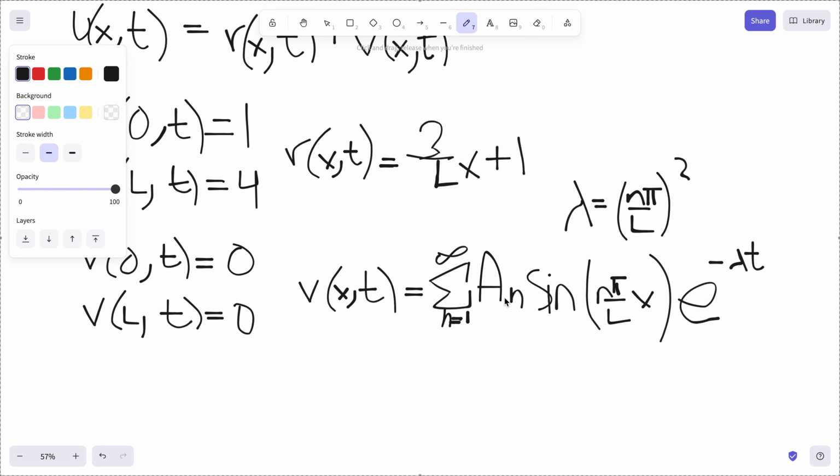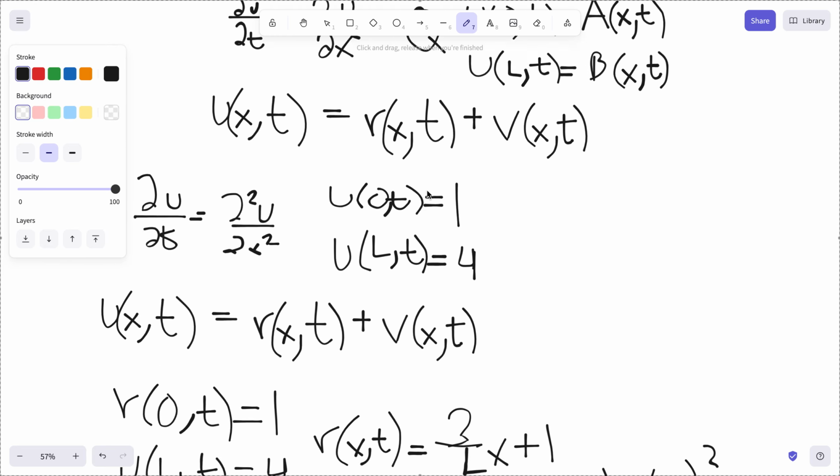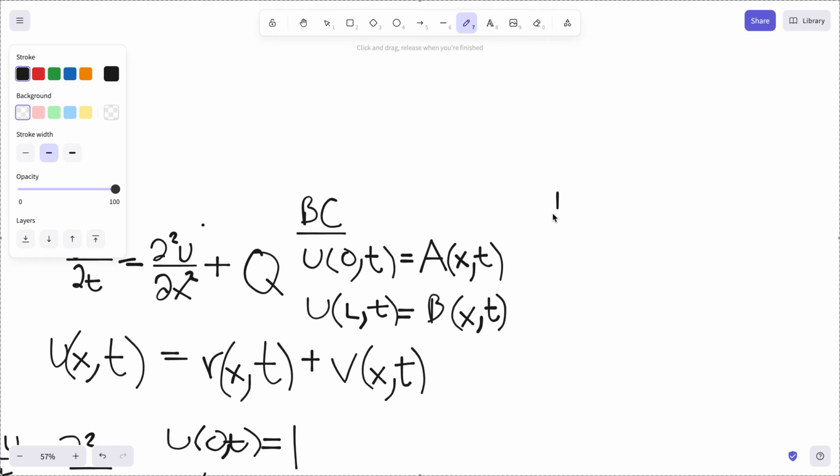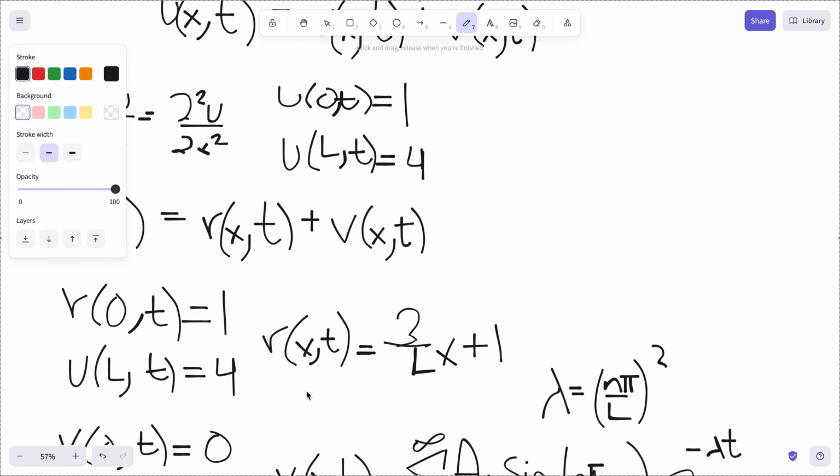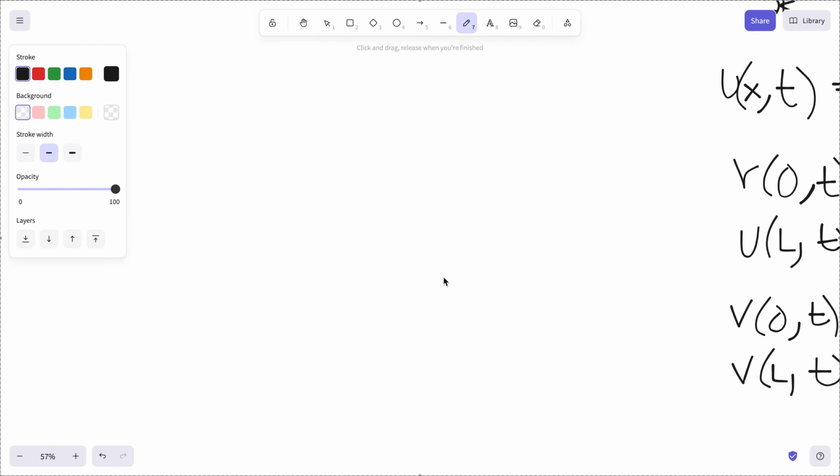And then a sub n is equal to 1 over L times the integral from 0 through L of, this time, instead of the initial conditions for u of x comma 0 equals f of x, similar to how the boundary conditions for v of x change, the initial conditions would also change.